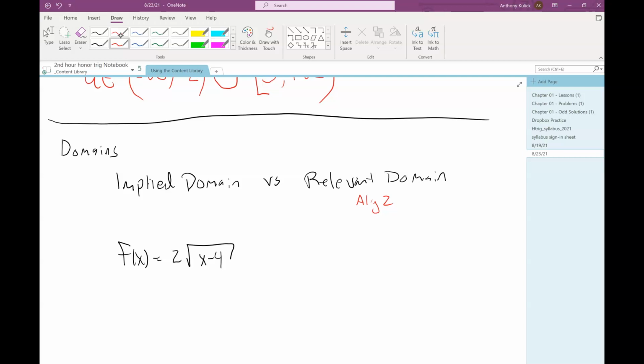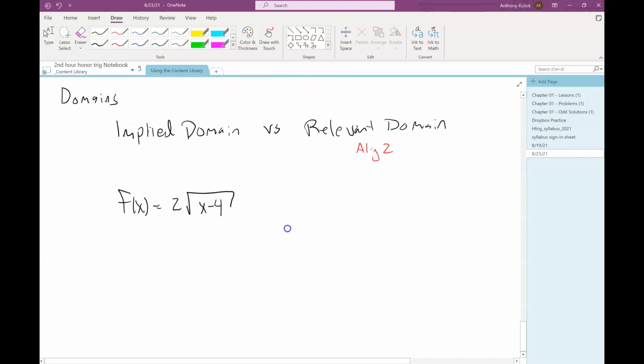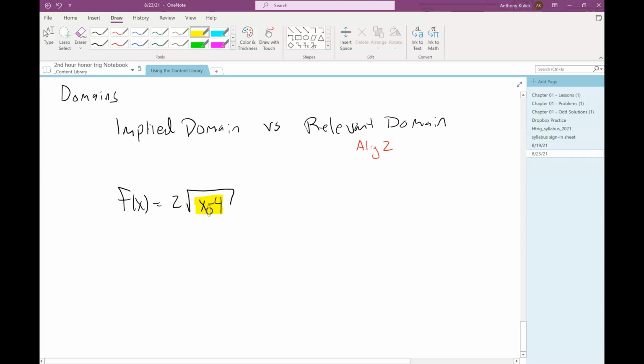Okay, so that's the place we're going to be concerned about with our relevant domain: whatever we're taking the square root of, in this case the x minus 4, has to be non-negative. You guys remember that? Okay.